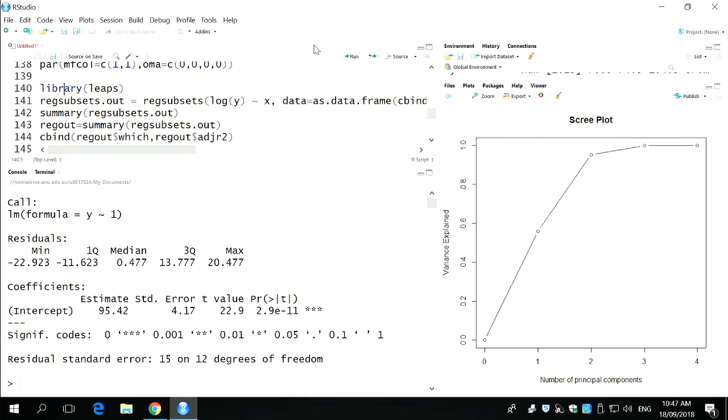Say you've got a y and you've got 4 x's. Fit every one variable model. Pick the best one. So in our case, that would have been x3 or x2. One of those. Now, fit every 2 variable model that involves the variable you just chose. So instead of every single 2 variable model, we're only going to pick 2 variable models that have the variable you chose at step 1.